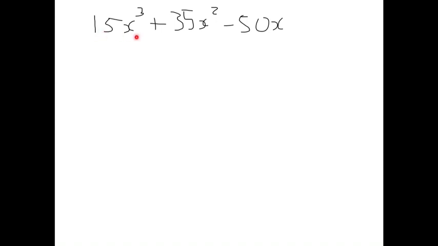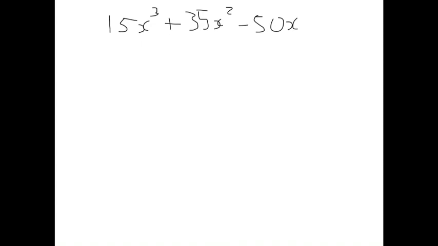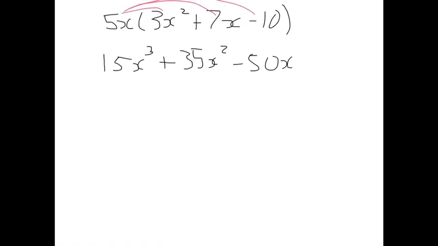What stuff did I multiply together to get to here? I mean, you know the answer. Obviously, you multiplied 5x by this polynomial here. But what if you didn't know? Well, using the fact that we do know, let's see how that can help us.